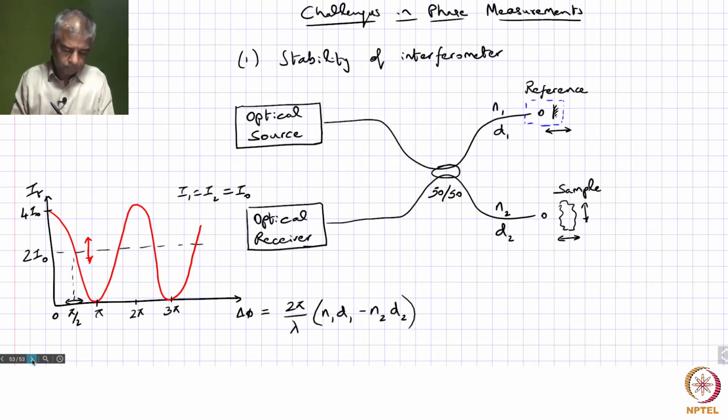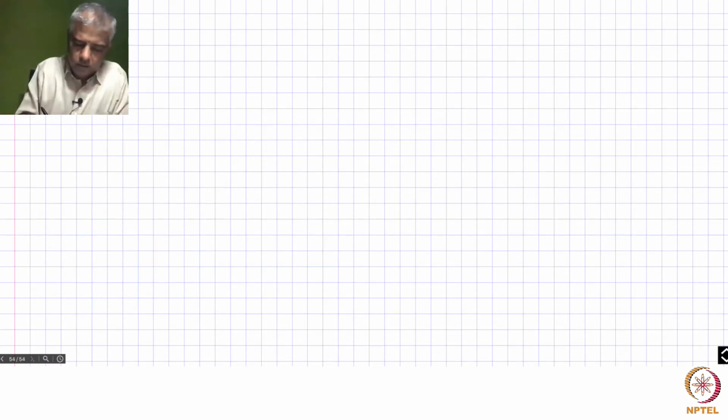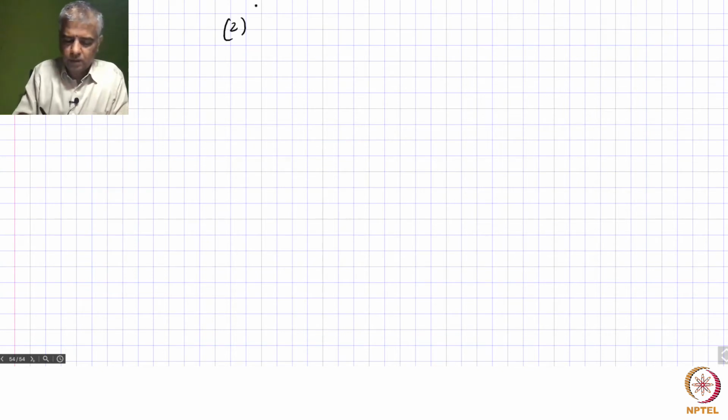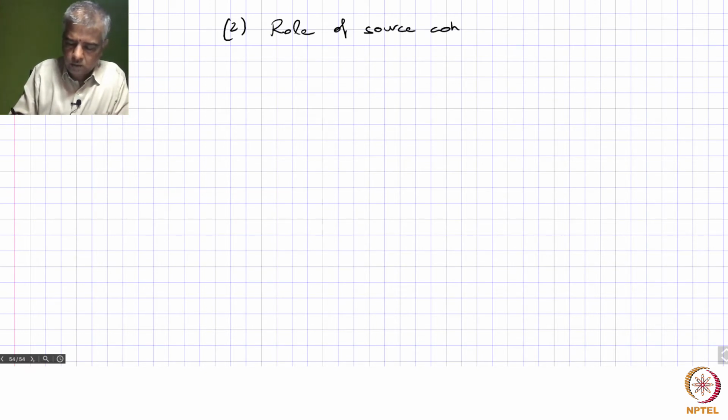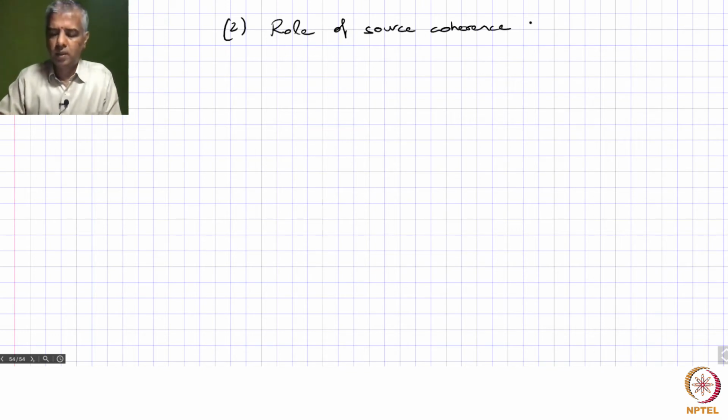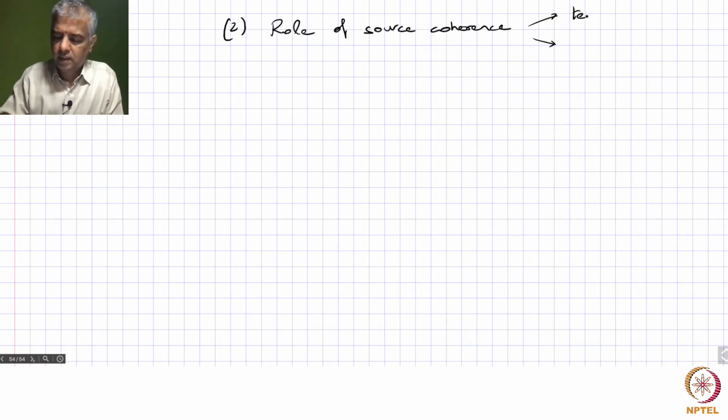Okay. So the second thing that we want to investigate is the role of source coherence. So of course, when we talk about coherence, we can characterize it as either temporal coherence or spatial coherence.